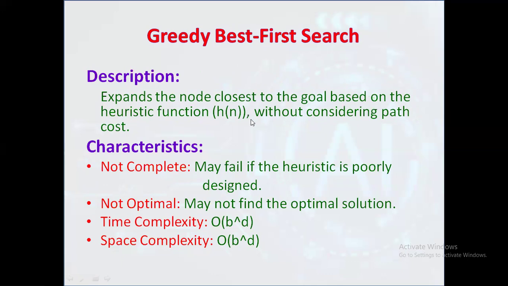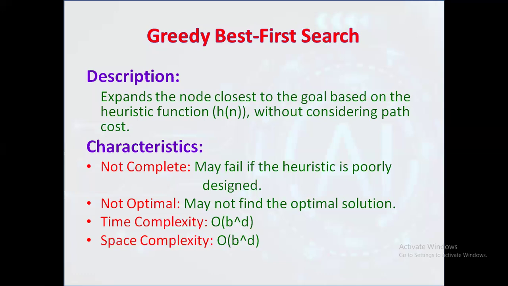Unlike A star, it does not consider the path cost, making it less efficient in some cases. While greedy best first search can find a solution quickly, it is not guaranteed to be complete or optimal. It may fail to find a solution if the heuristic is poorly designed, and it may not find the optimal solution because it prioritizes immediate proximity to the goal rather than considering the full path cost.